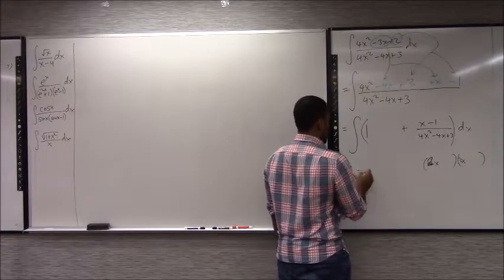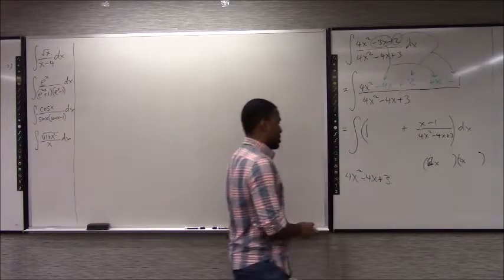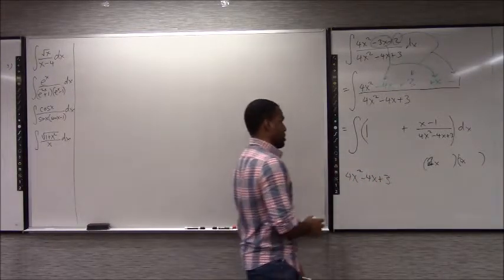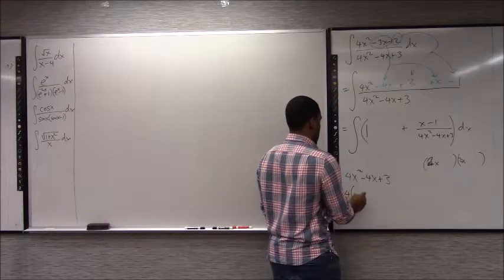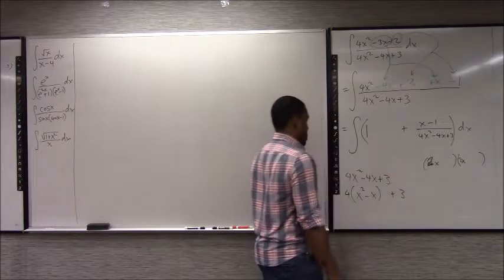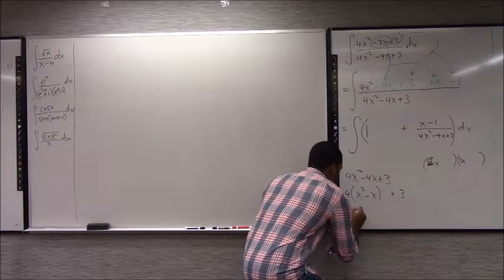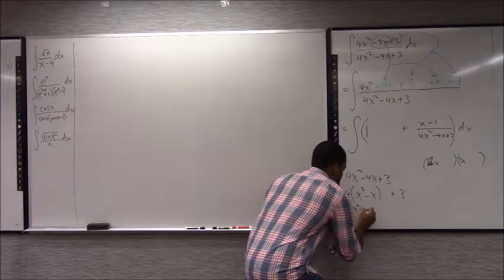Maybe if we complete the square, we'll see something nicer. How do I complete the square for this? Well, you have to factor out the 4. And so this would be x minus x.